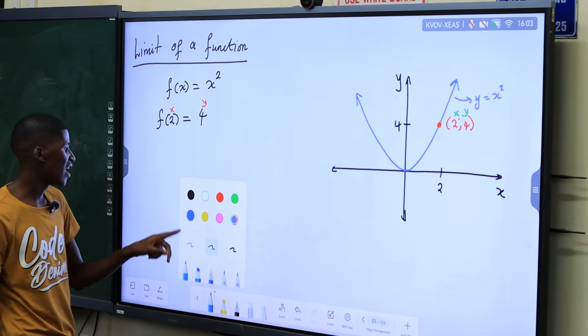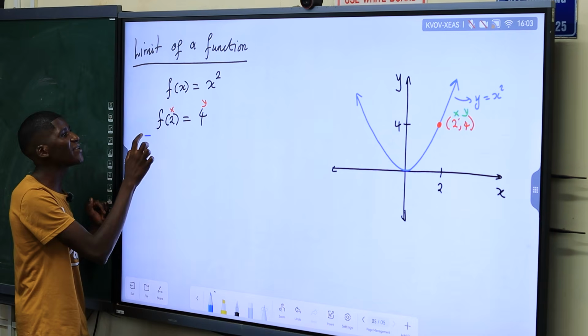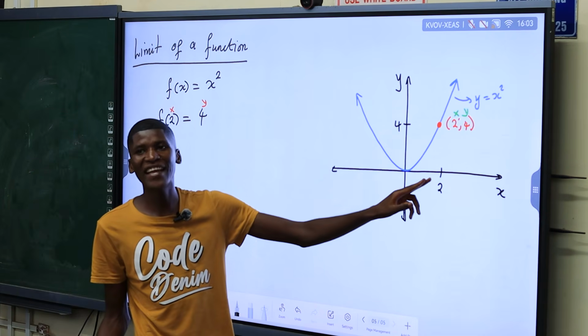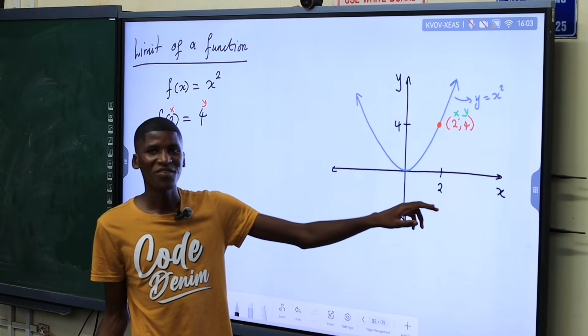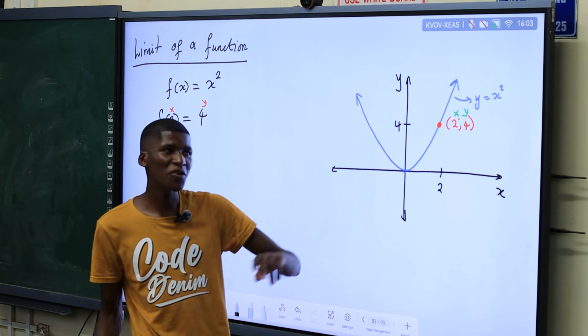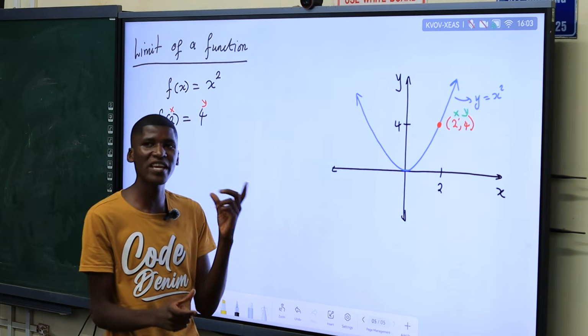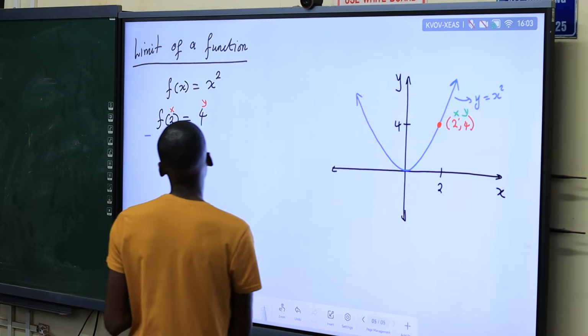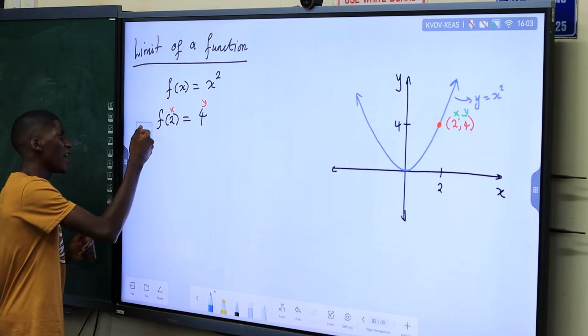That's how you interpret a coordinate. So here, can we say f at 2 is defined? Is f at 2 defined? Yes, it is defined, because there is a particular y value for a given x value. So your graph is defined at x is equal to 2.